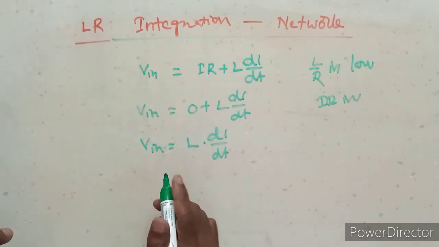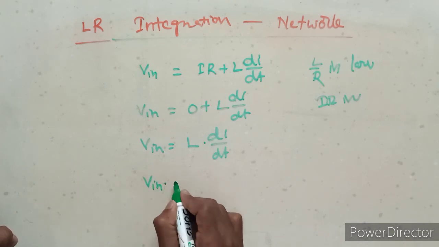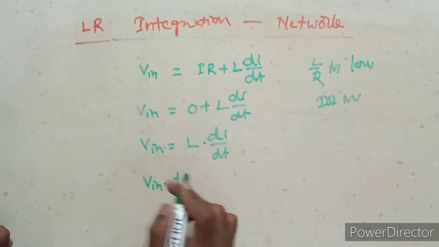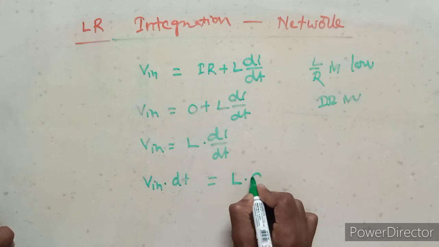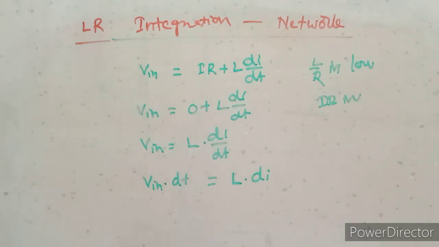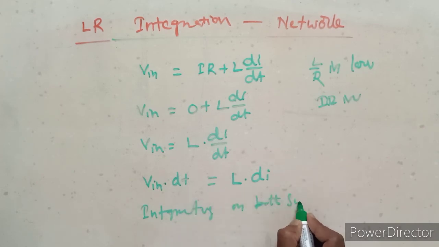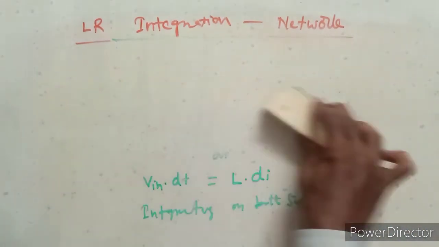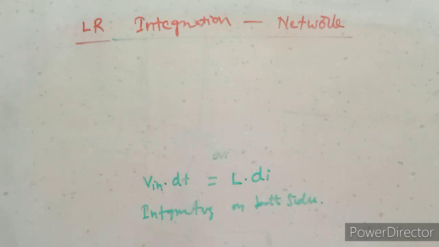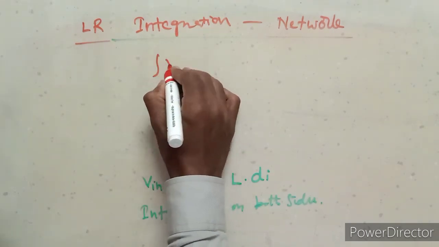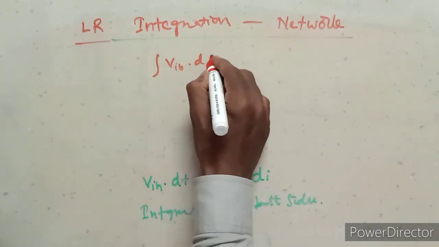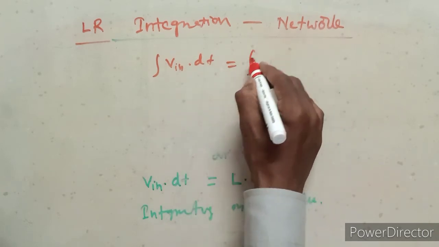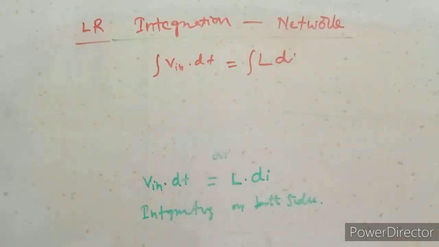So this equation can be written as input voltage into dt equals L into di. Integrating on both sides, the integral of input voltage dt equals the integral of L di.